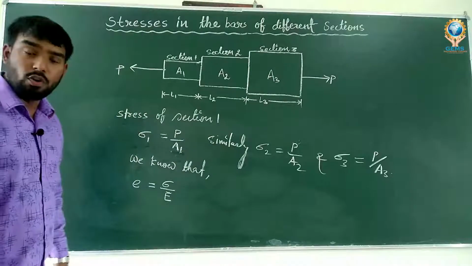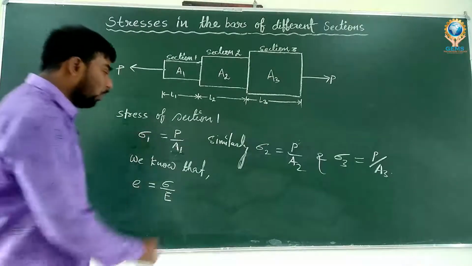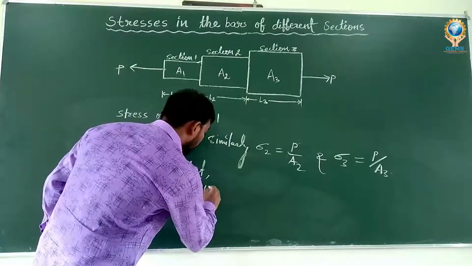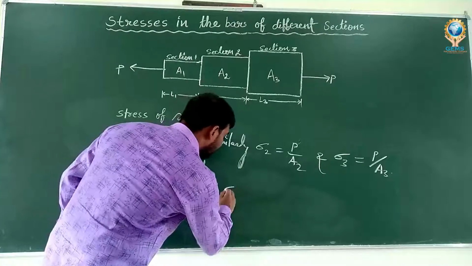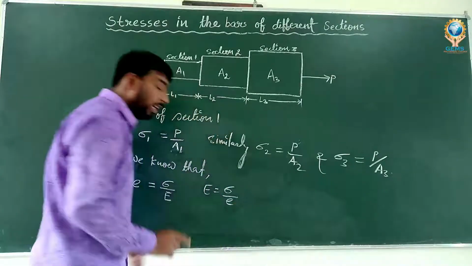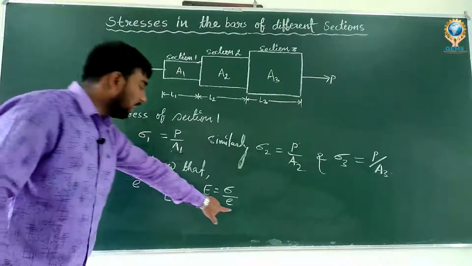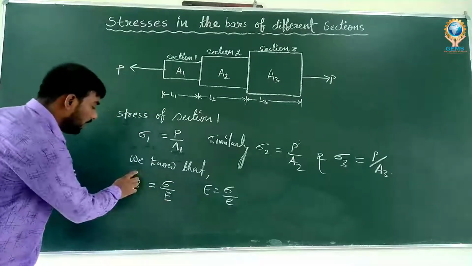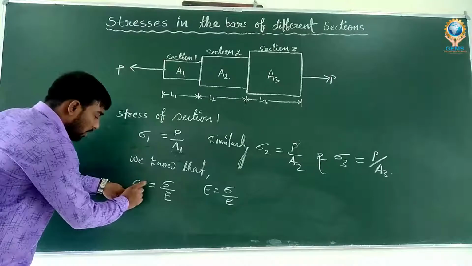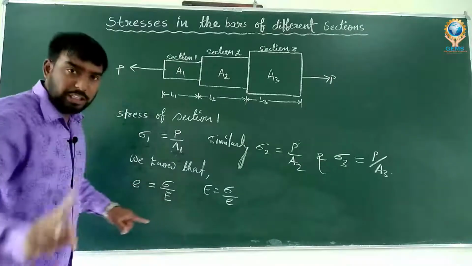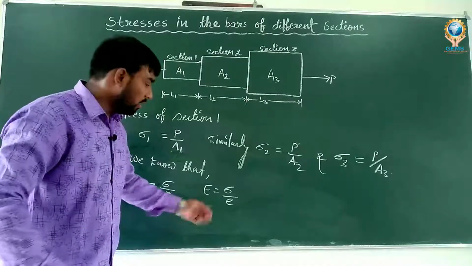Because we know the relation: Young's modulus is equal to stress by strain. So if we have to find the value of strain, Young's modulus will come to the other side, and strain will come here. You know these things, they are very simple.